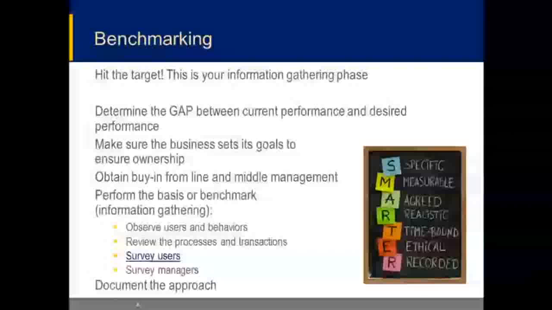With this, you need the buy-in from middle management, from the line management. So we need that support, and we need to make sure we set expectations accordingly. I'm sure many of you are familiar with SMART goals, and they've added the ethical part thanks to Enron, and then record what we can do as well. So we've got our SMARTER goals, and this is a great little cheat sheet.